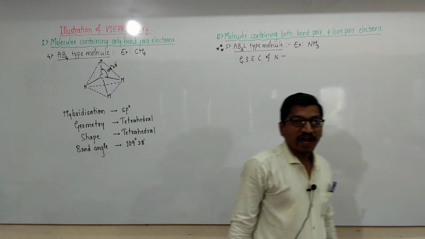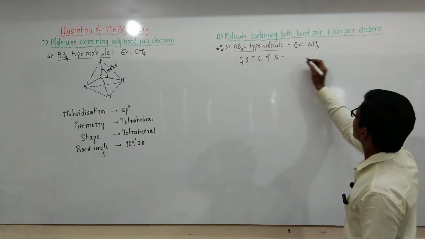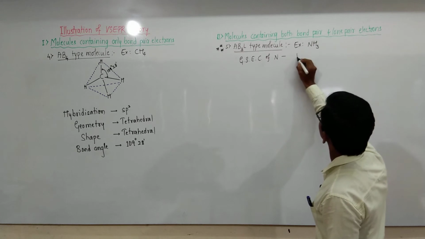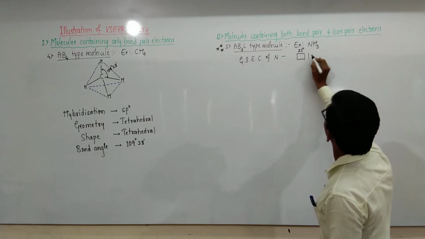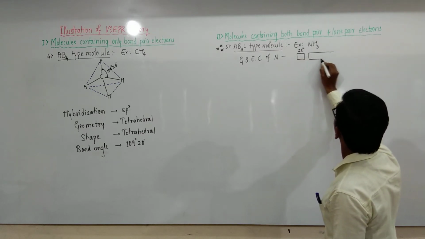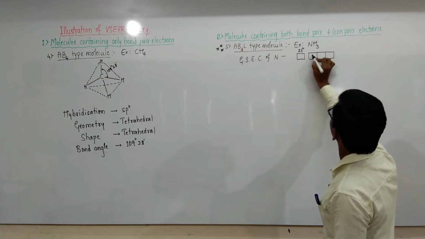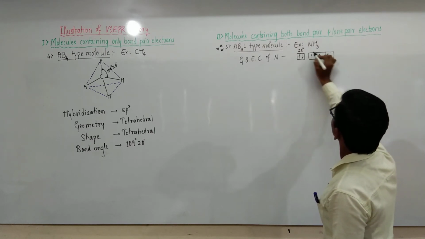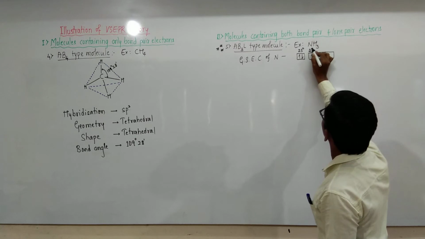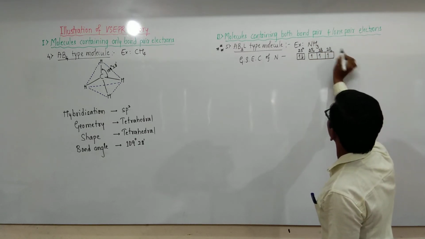The atomic number of nitrogen is 7 and the valence shell ground state electronic configuration is 2s2, 2p3, 2px, 2py and 2pz.